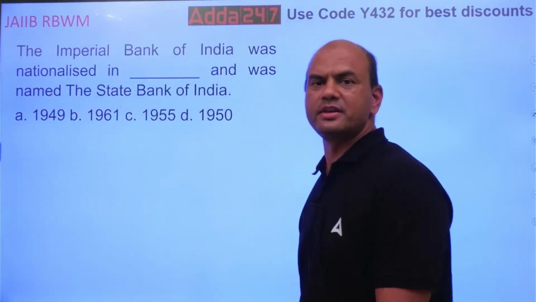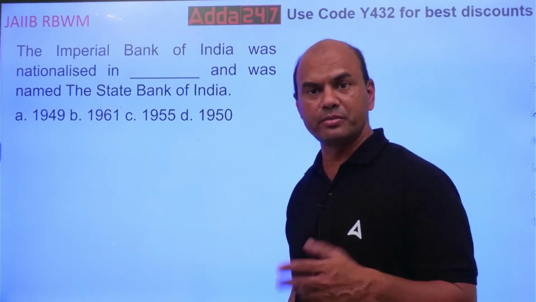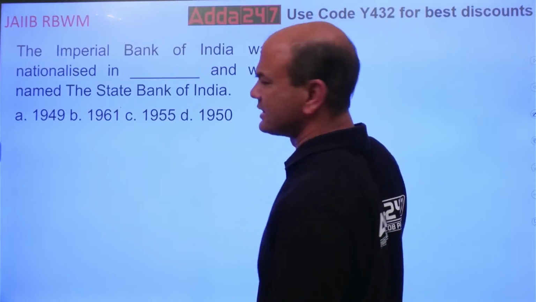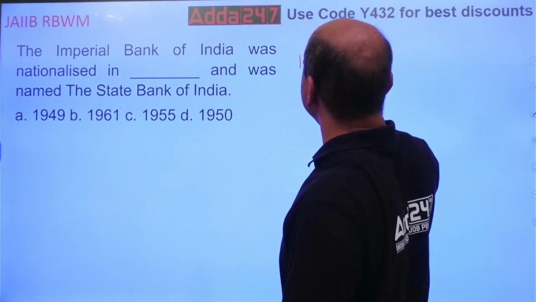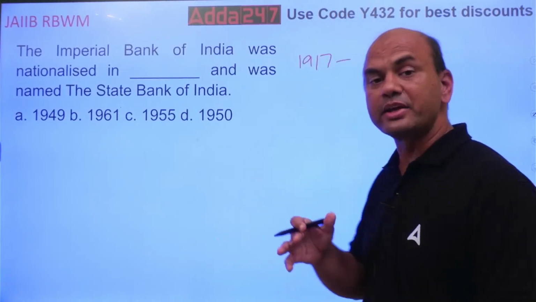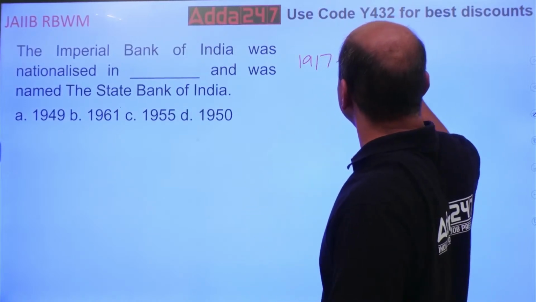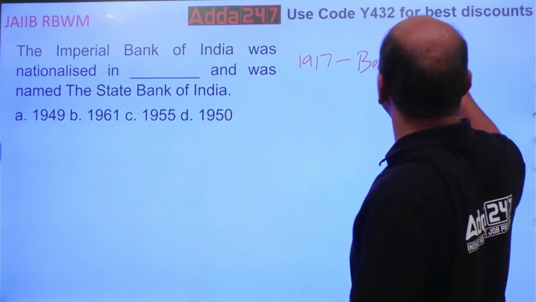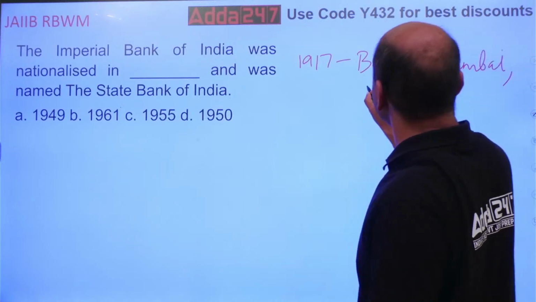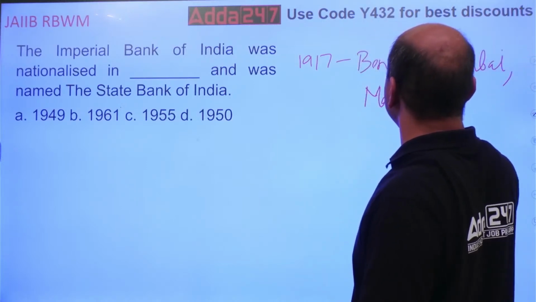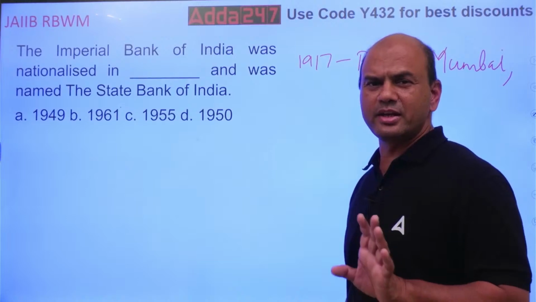Okay, let's go back to the history. Imperial Bank was formed when? I think it was formed in 1917. And then, how was it formed? 3 banks were combined. Which were the 3 banks? Bank of Bengal, then Mumbai, and Madras. These 3 banks were combined to form the Imperial Bank in 1917, I think, 17 or 18 it might be.